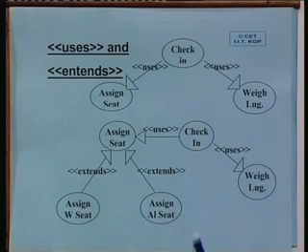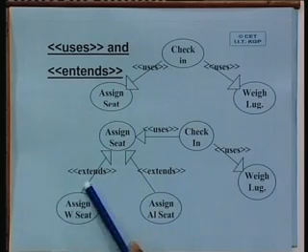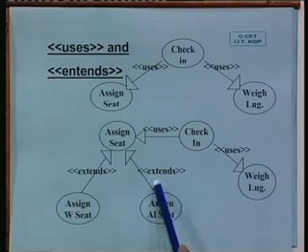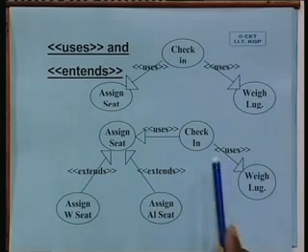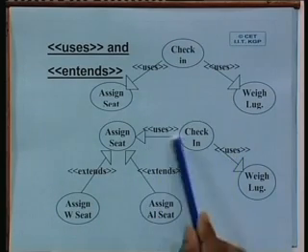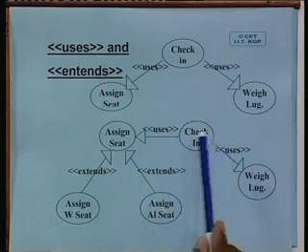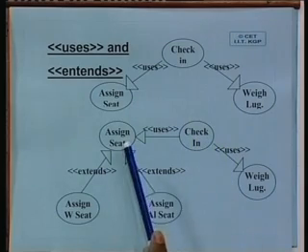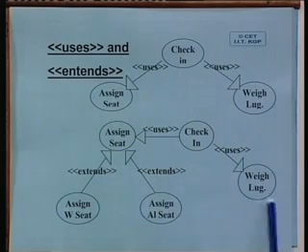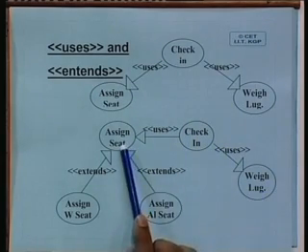So, you can see that the procedure of assigning a window seat or assigning an aisle kind of seat is shown by giving the extends relationship, and you can have the uses. So, you see the check-in is the use case, that use case uses two different use cases, weigh luggage and assign seat.